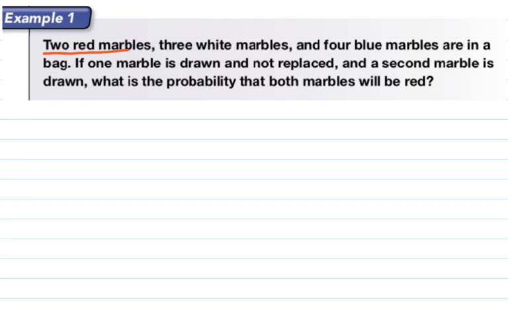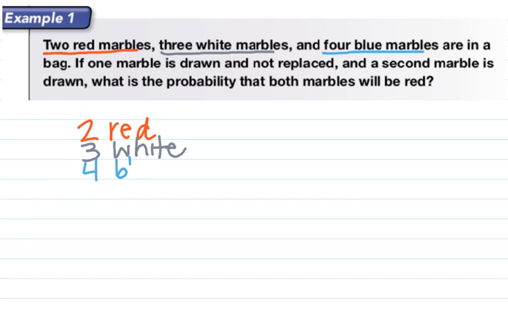So let's look at the information that we're given. We have 2 red marbles, 3 white marbles, and 4 blue marbles.